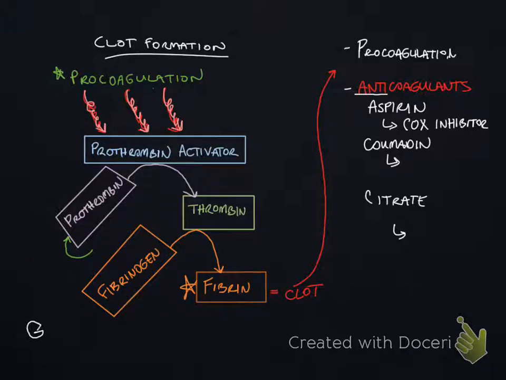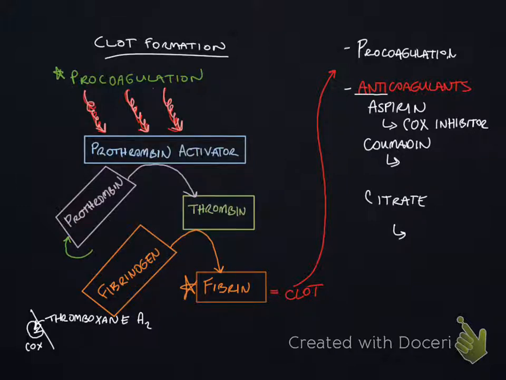If this is the COX enzyme right here, it needs, guess, thromboxane to activate this enzyme. Okay? And what aspirin does is it comes in and blocks this mechanism. All right?